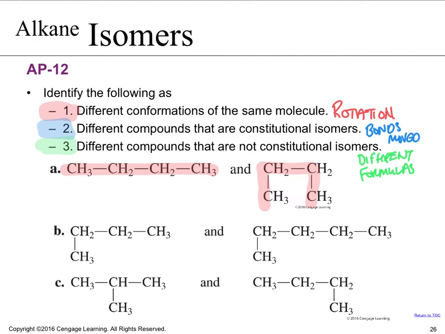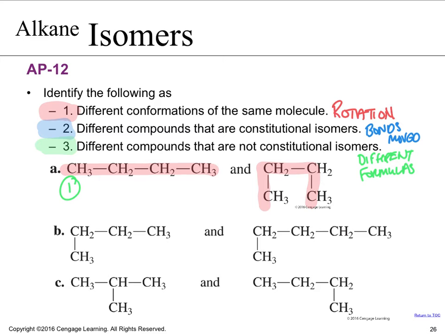So because you have to have the same formula to have either conformers or isomers, usually that's a good place to start because it's pretty easy to count carbons and hydrogens. If you have different formulas, then your answer is automatically going to be 3. So here for A, all we did was rotate, so we have number 1 as our answer. They're different conformations of the same molecule.